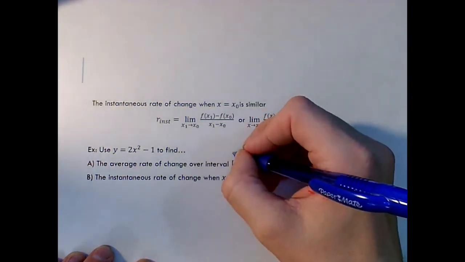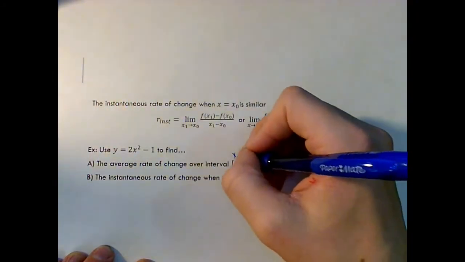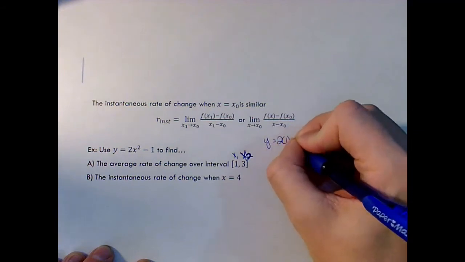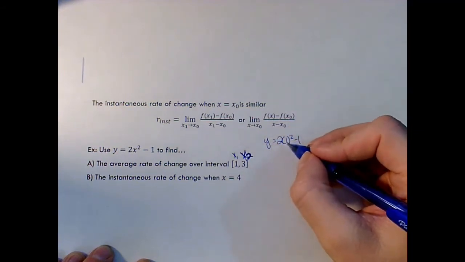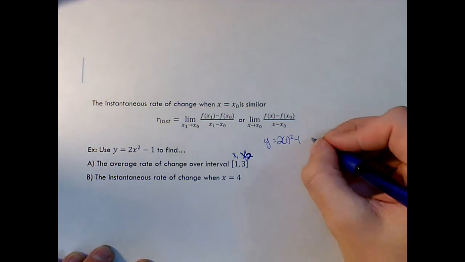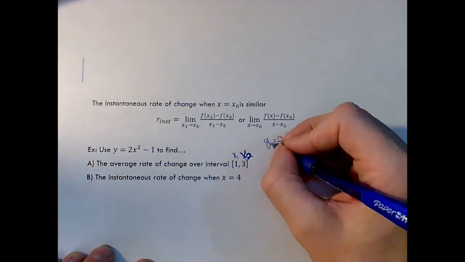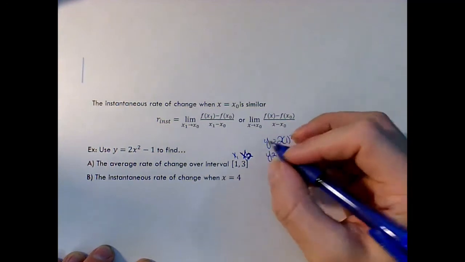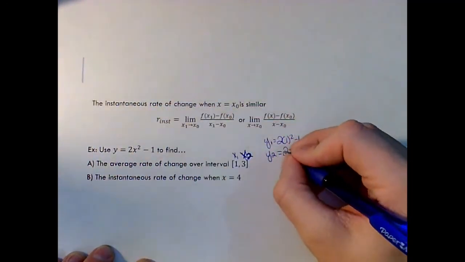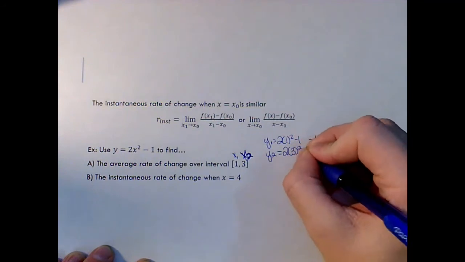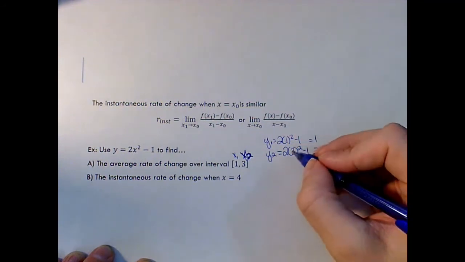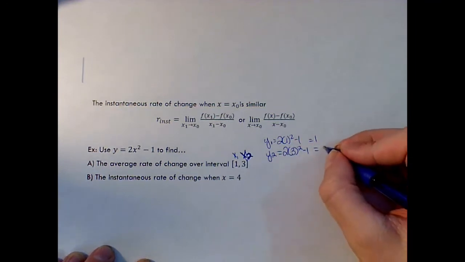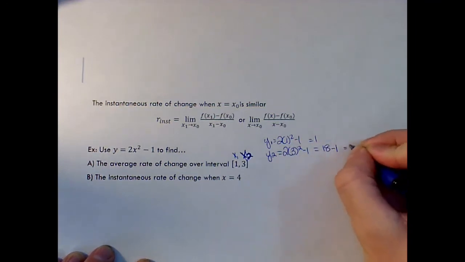If I were to plug in 1 for x here, I would get 2 times 1 squared minus 1. 1 squared is 1 times 2 is 2 minus 1 is 1. So this guy right here would be my y sub 1. My y sub 2 would be that guy if I plugged in 3. So 3 squared is 9. 2 times 9 is 18. And 18 minus 1 is 17.